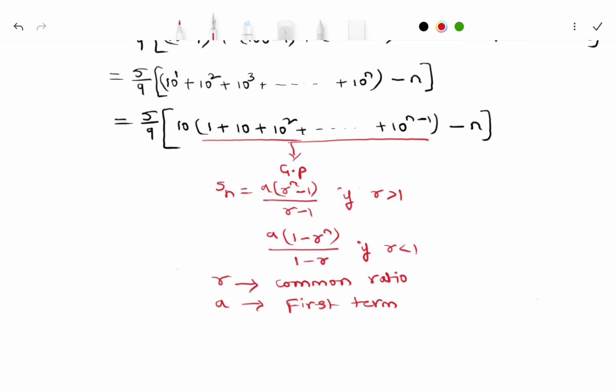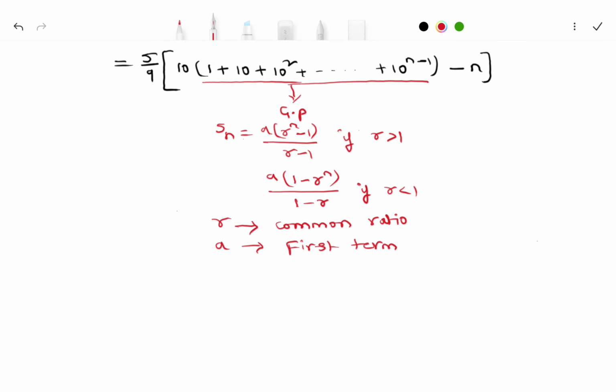Now you apply this formula in the above. You will get 5 by 9 into 10 into, in the above series the first term is 1. What is the common ratio? Second term by first term, or third term by second term. So here the r value is 10, which is greater than 1.